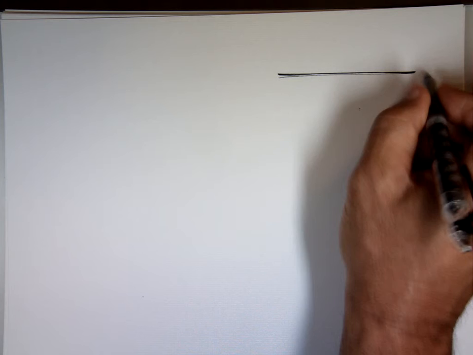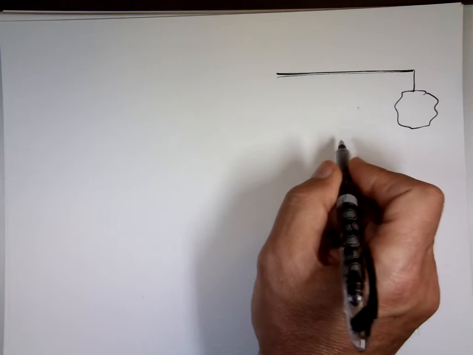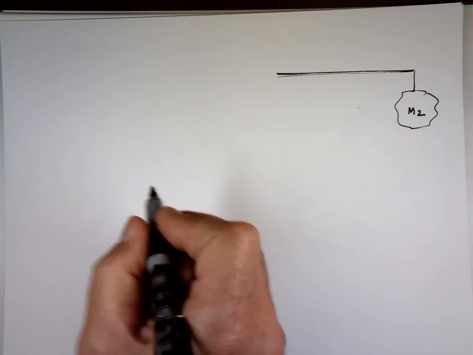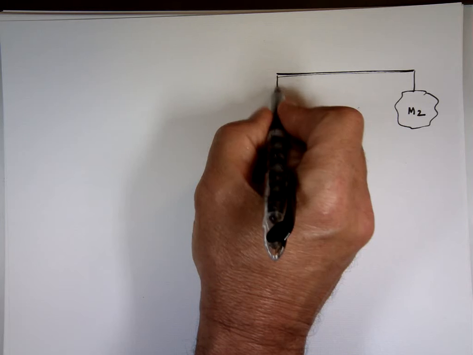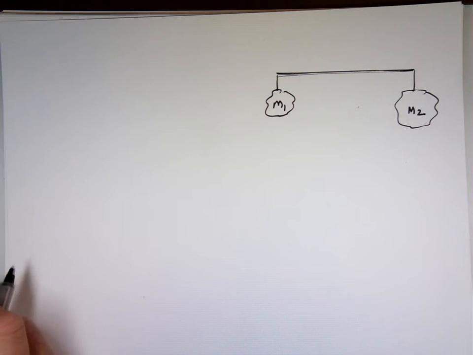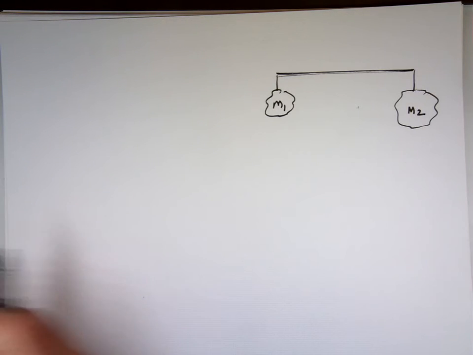On this end I have a mass attached to it. We'll call it M2. They're not the same mass. On this end we get a mass attached to it called M1. And we try to find where the center of mass is.